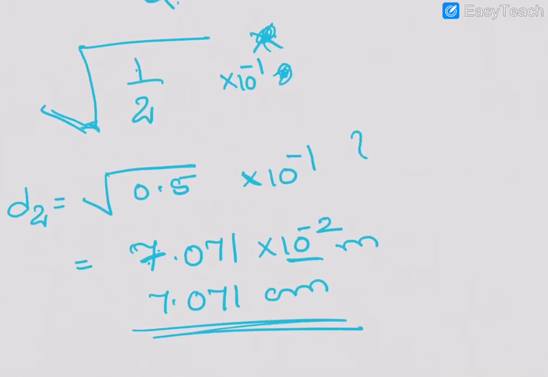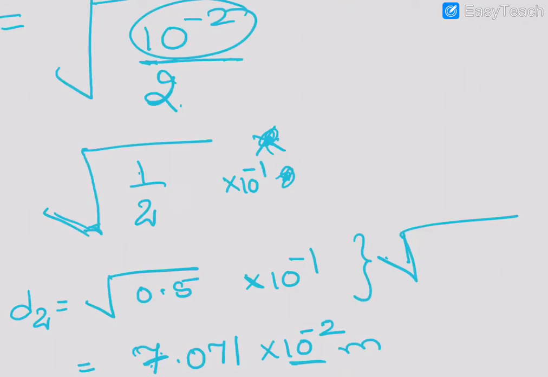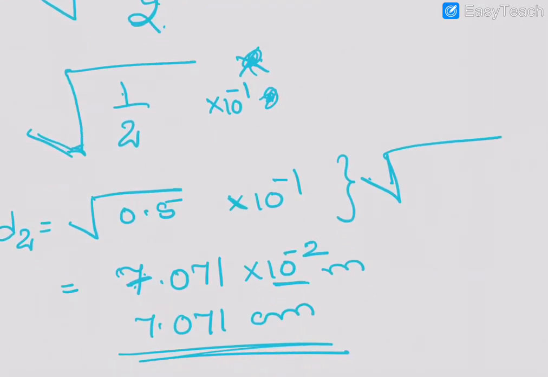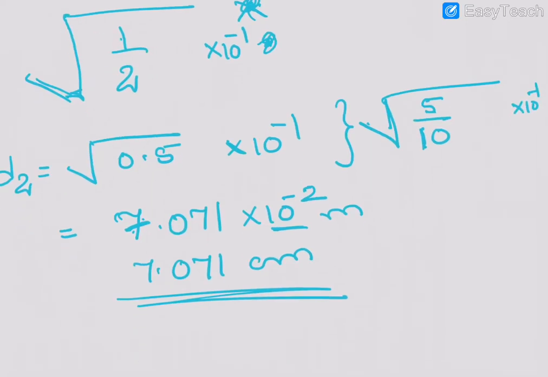See, at this step you can do one more thing. This square root, see here, you have 0.5. If I write 0.5 as 5 by 10, and already you have 10 raised to minus 1, so now here if I multiply up also by 10 and down also by 10, I am not changing anything.